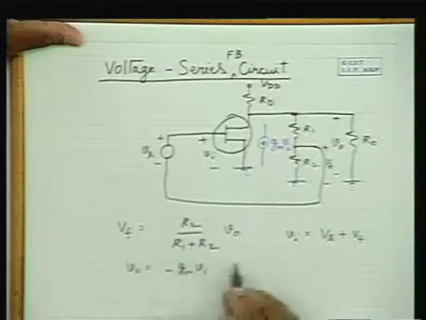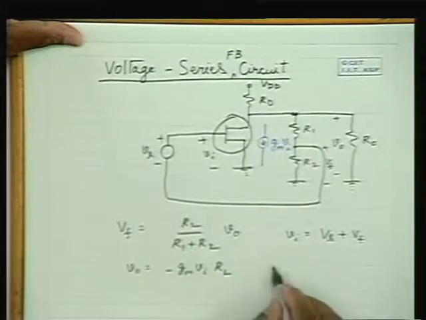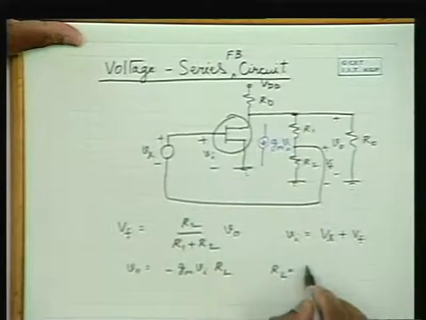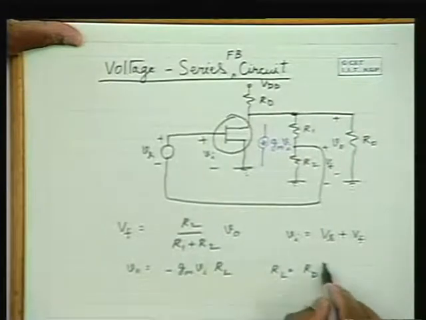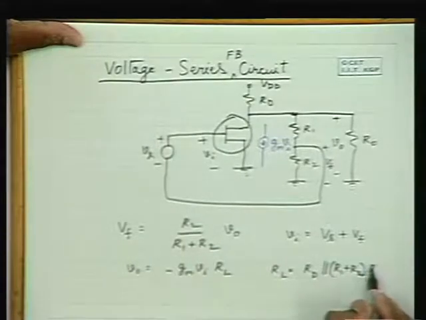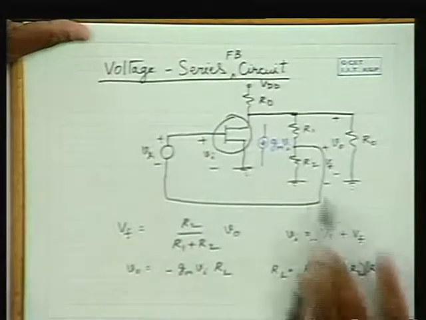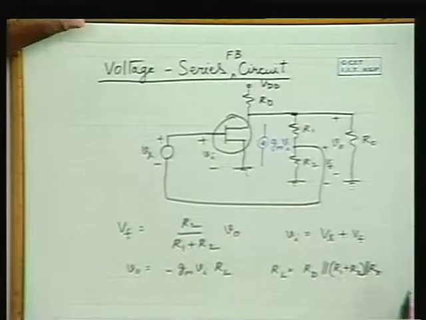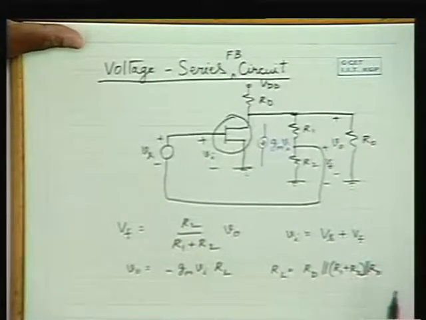Therefore the output voltage is minus Gm RL into Vi, where RL is the parallel combination of Rd, R1 plus R2 and R0. If R0 is not there, it doesn't come into the picture.